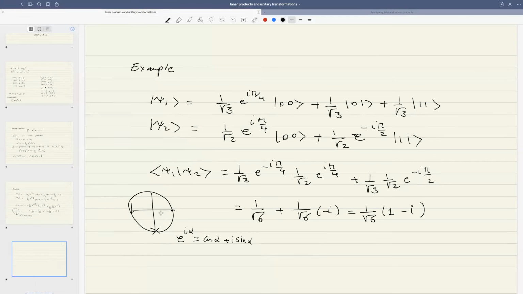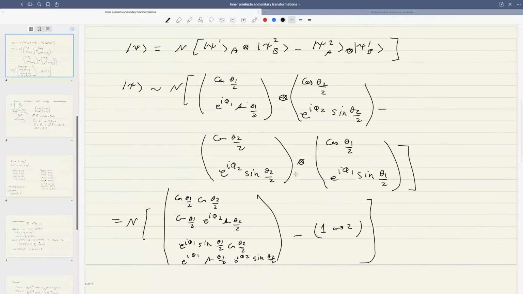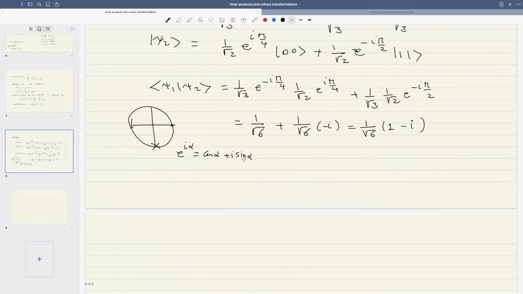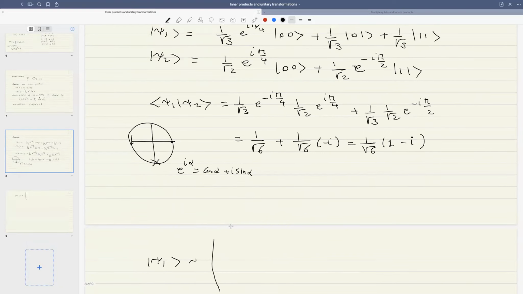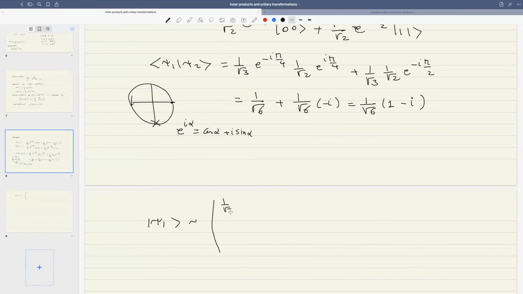If I take the very same example and write my psi 1 as a vector in this basis, my psi 1 is represented by 1 over square root 3 e to the i pi over 4, 1 over square root 3, 0, and 1 over square root 3.